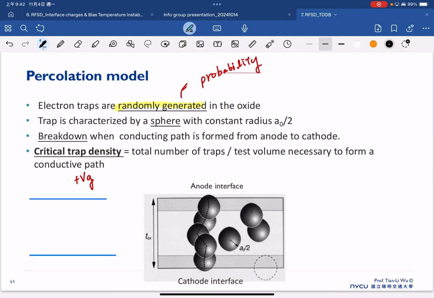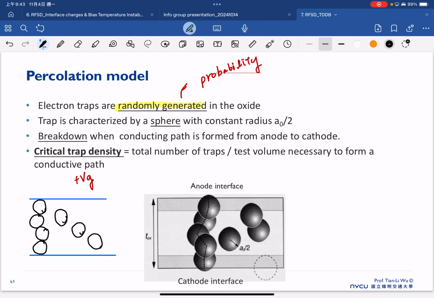The first defect can be generated here, the second one here, the third one here, and the fourth one here. And if the time is long enough, there is a chance that the defects will be generated in a way that they connect with each other.